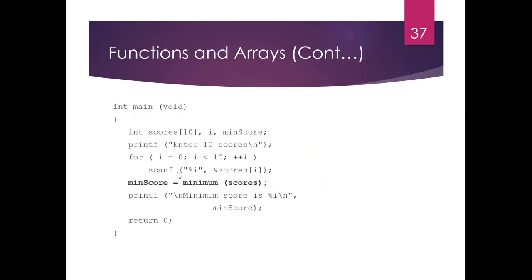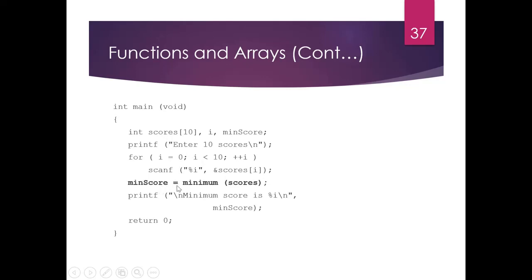In the next example, this is the main function. Here scores is an integer type array which consists of 10 elements, and there are two other variables, i and minScore. Printf asks the user to enter 10 scores. For i equals 0 to i less than 10, i plus plus, it takes the values from the user and assigns them into the scores array.